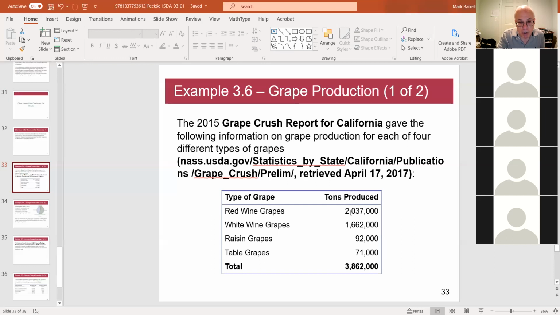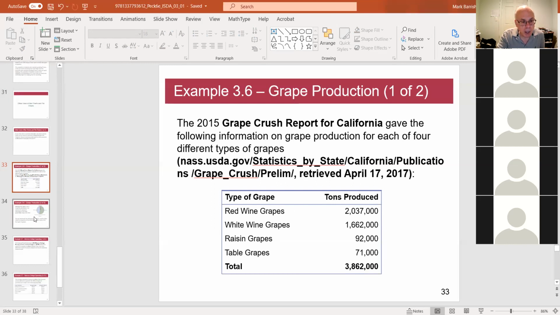So the 2 million tons produced for red wine grapes divided by the 3.86 million total production gives you the proportion. That would be the proportion of the total production that is for red wine grapes.